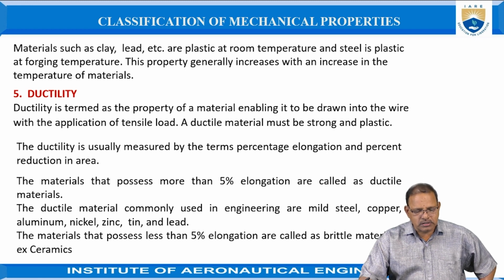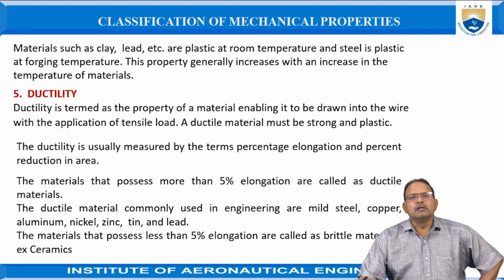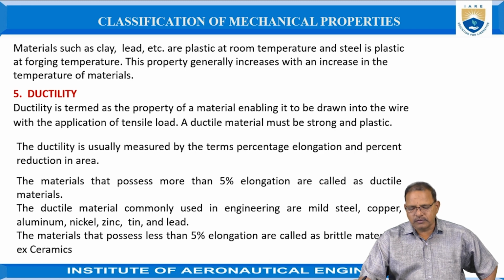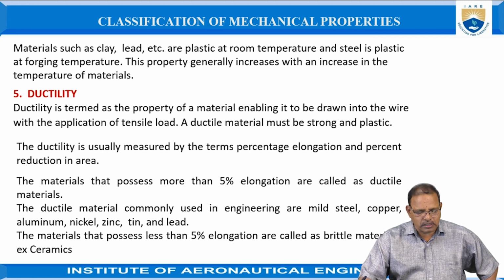Ductility. Ductility is termed as the property of the materials enabling it to be drawn into the form of wire with the application of tensile load. A ductile material must be strong and plastic. The ductility of a material is generally measured in terms of percentage of elongation and also percentage of reduction in area.